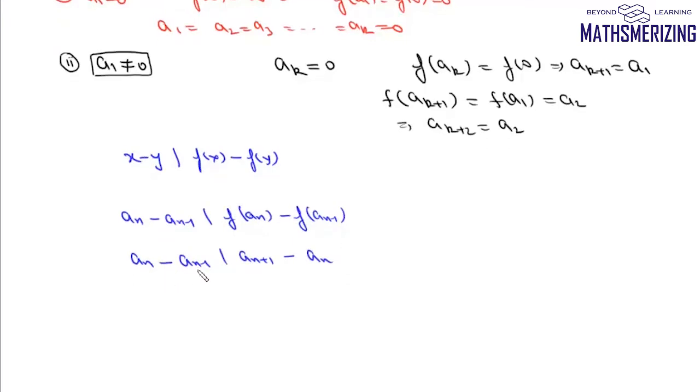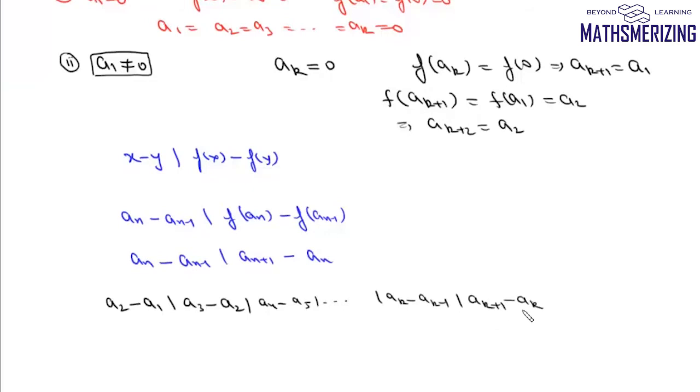Now we'll put different values of n. Then we can write a2 minus a1 divides a3 minus a2. Now we'll put n as 4, then we can write a4 minus a3, and continue up to ak minus a(k-1), which divides a(k+1) minus ak.